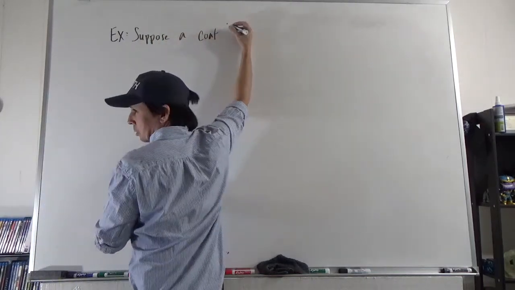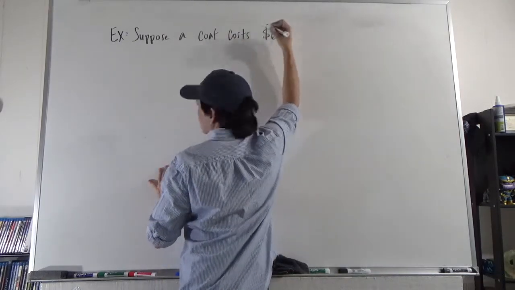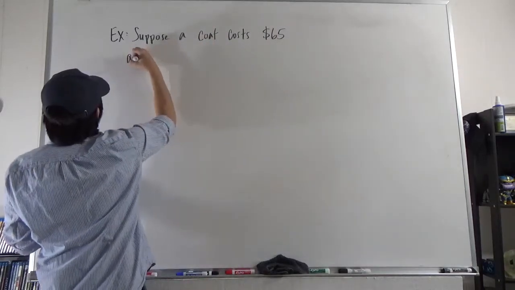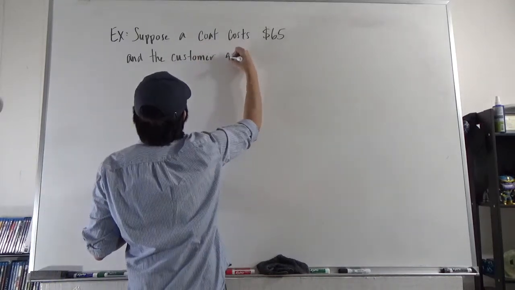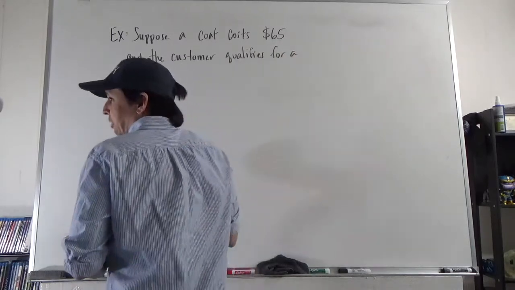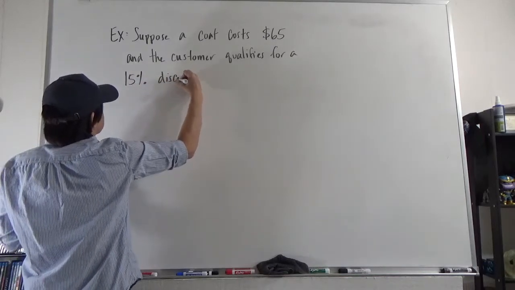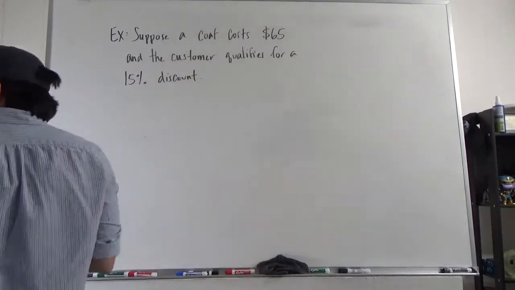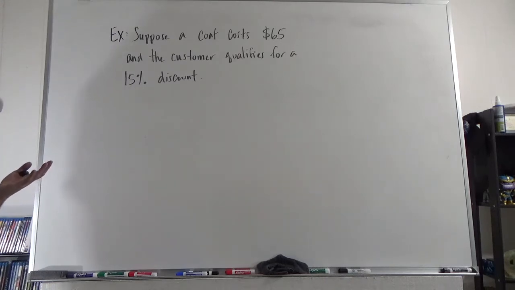Suppose a coat costs $65 and the customer qualifies for a 15% discount. Again, this one time, and then I'm not going to come back to it after this, I'm going to do it the old way of calculating the discount, 15% of 65, then subtracting it from the $65 and getting the total.